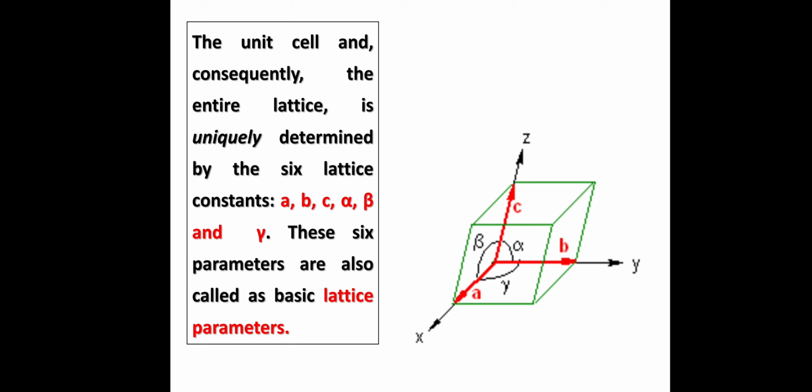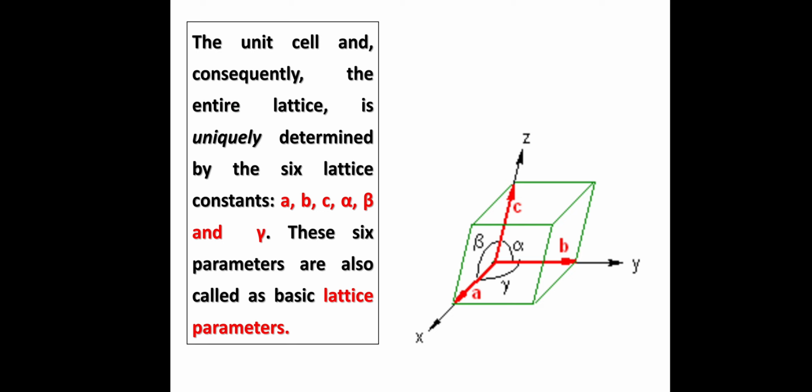Similarly, perpendicular to the xy plane, the vector c is along the z direction, and the angle between x and y is gamma. So a, b, c and alpha, beta, gamma. Of course, a, b, c you are familiar with, they are vectors along the spatial directions, and alpha, beta, gamma are known as interfacial angles.